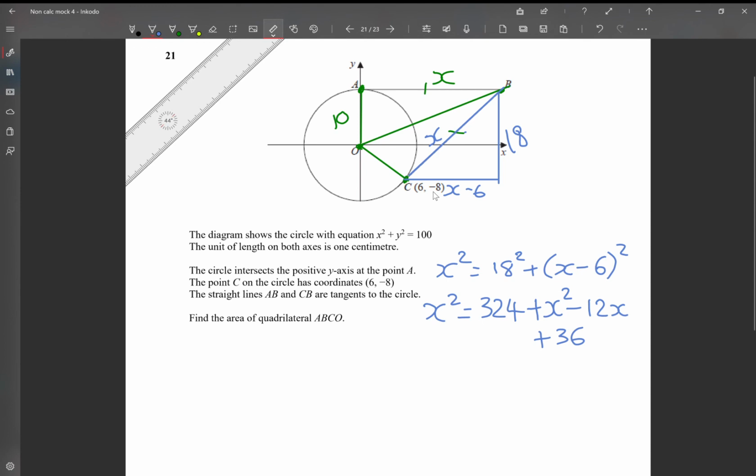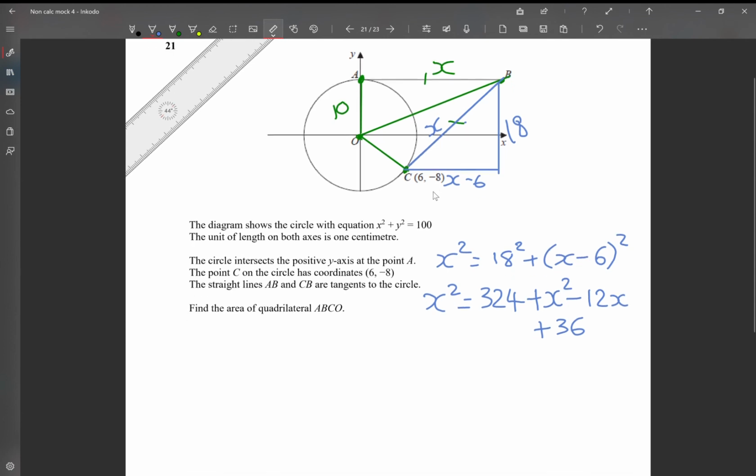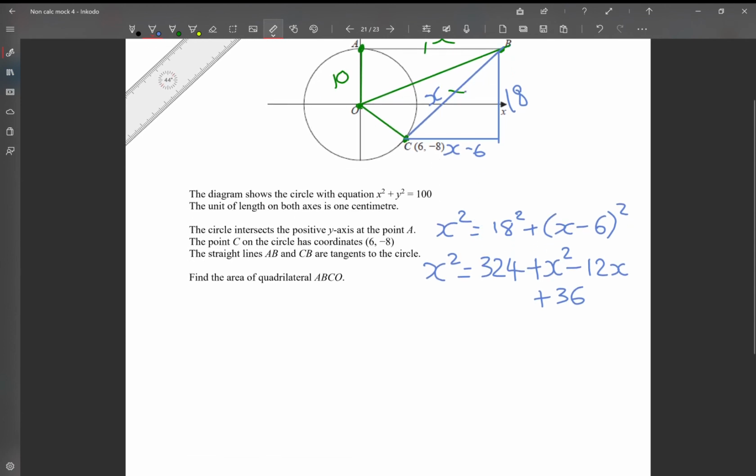If you didn't know the square of 18, you can just do a multiplication, whatever method you prefer. And then you're rearranging it. You've got an x squared on here and x squared on here, so they cancel. I'm going to do this step by step with 324. I'm cancelling both x squareds on both sides, and then I can add 12x to both sides.